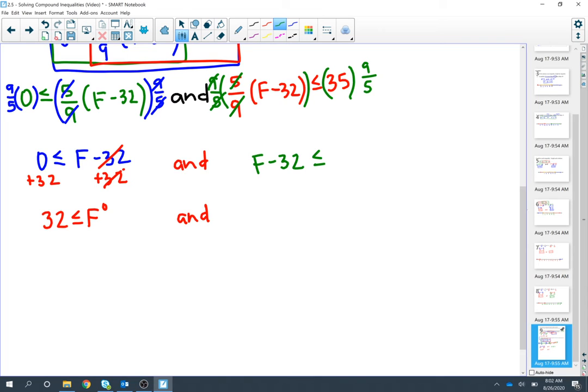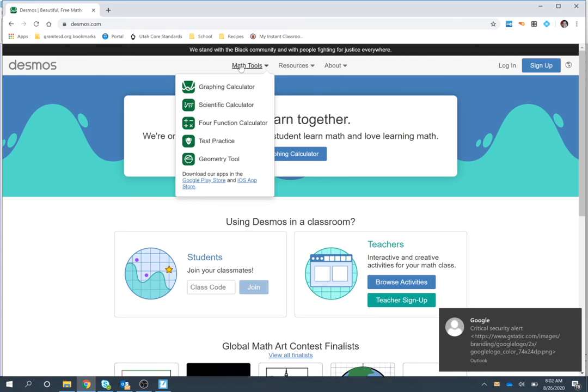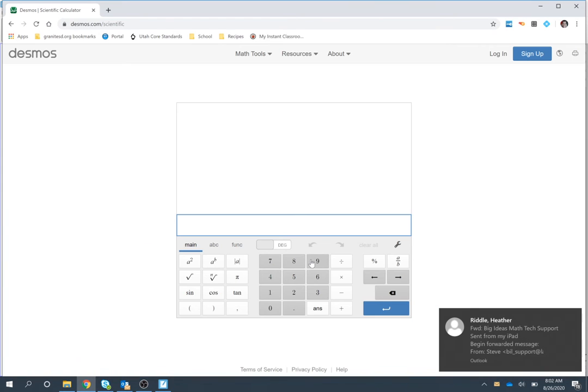So I'm going to bring up Desmos. Remember, desmos.com. Under Math Tools, we want to use our scientific calculator. And then we're taking 35 times 9 divided by 5.